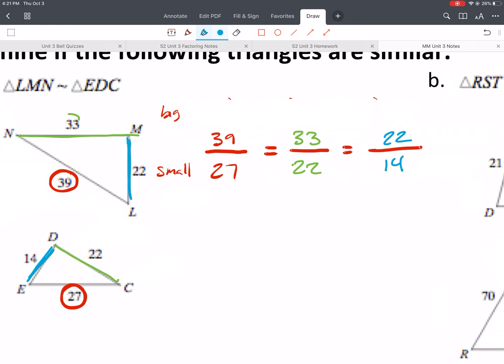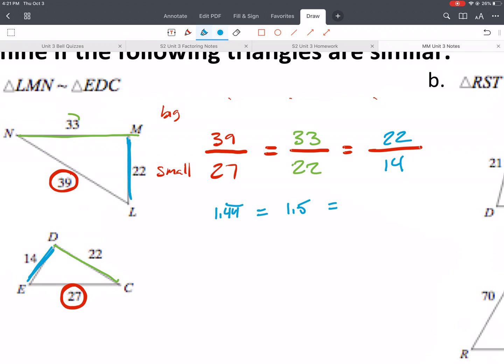Now we would want to simplify those fractions to make sure that they are equal, like we did above, where they were 2 equals 2 equals 2. But for this problem, 39 divided by 27 gives us 1.44, which goes forever. 33 divided by 22 ends up giving us 1.5.